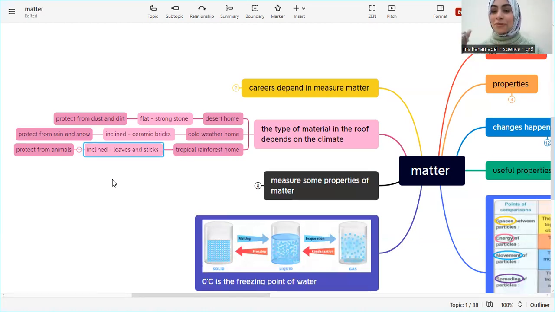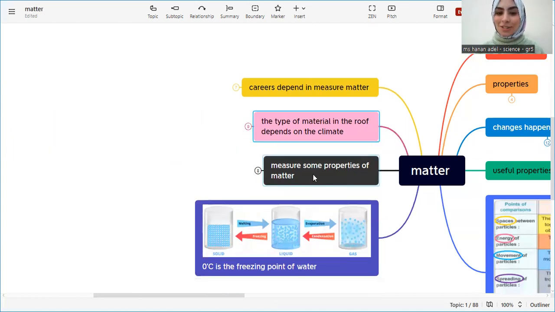To escape from the enemies, to escape by looking like the environment. The same idea. If my home exists in the rainforest, and I make this home look like the trees, this is like camouflage, like escaping from animals by making this home look like the environment. This is why we make it from leaves and sticks.